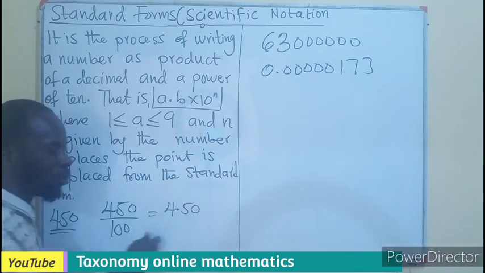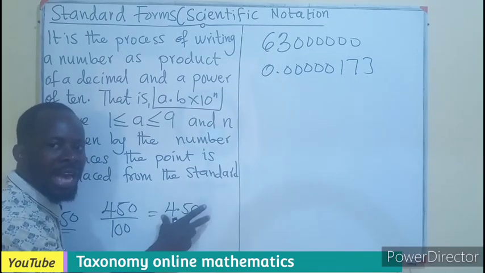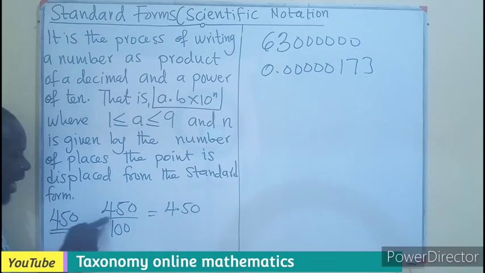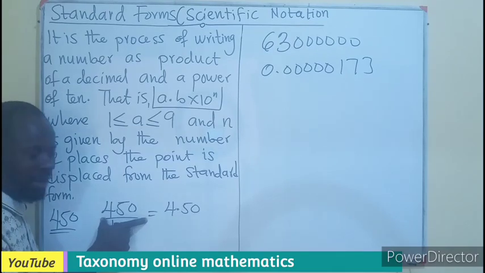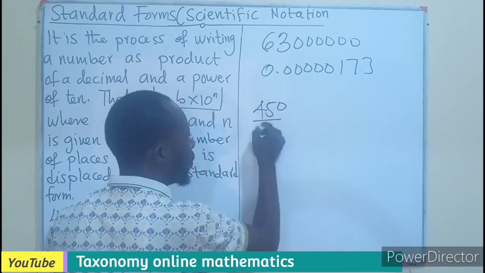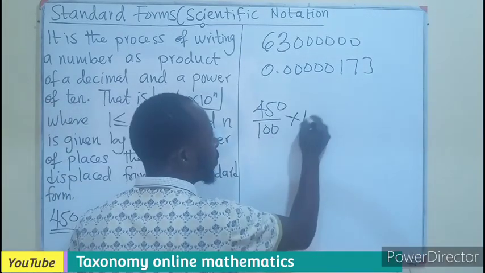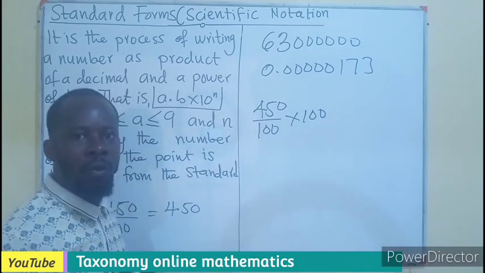So in order for me to maintain the question and the answer to be the same, I need to multiply this expression by 100, as in 450 over 100, which is this expression, times 100. Why?